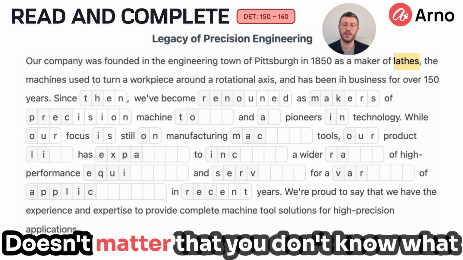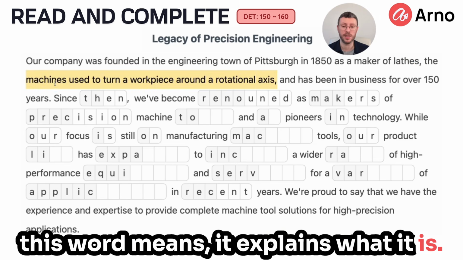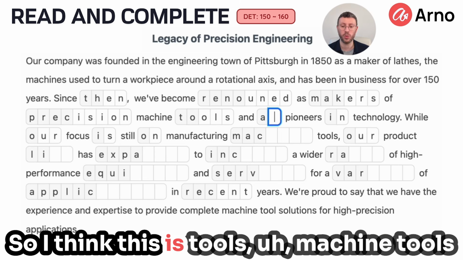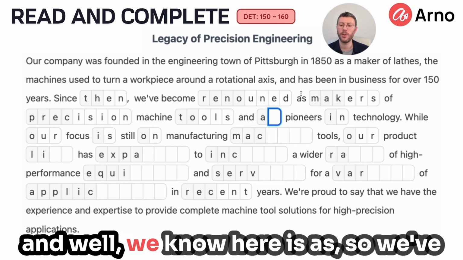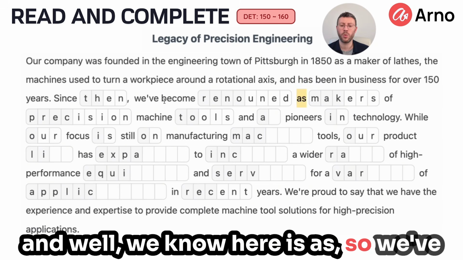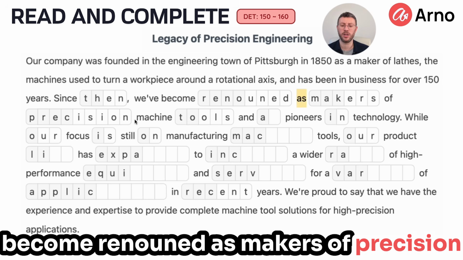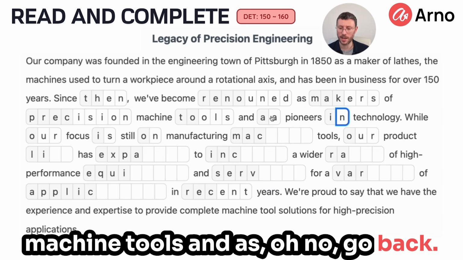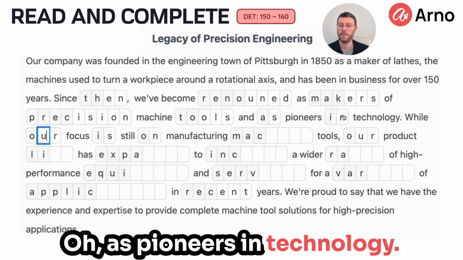Doesn't matter that you don't know what this word means. It explains what it is, but it's like a tool, isn't it? So I think this is tools. Machine tools, and what we know here is as. So we've become renowned as makers of precision machine tools and as, oh, no, go back. Oh, as pioneers in technology.